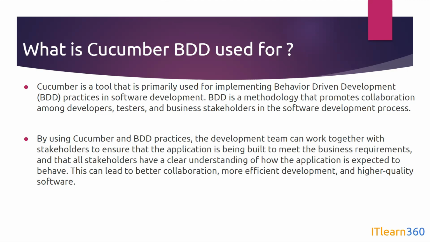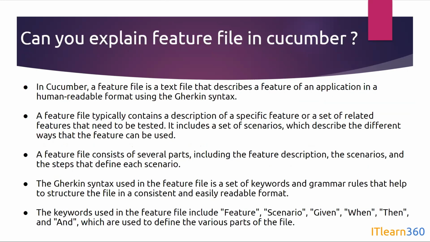By using Cucumber and BDD practice, the development team can work together with the stakeholders to ensure that the application is built to meet the business requirements and the stakeholders have a clear understanding of how the application is expected to behave. This can lead to better collaboration, more efficient development, and higher quality software. So Cucumber BDD is used to make things more systematic and proper.